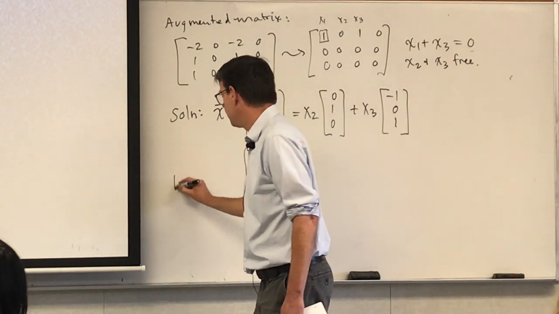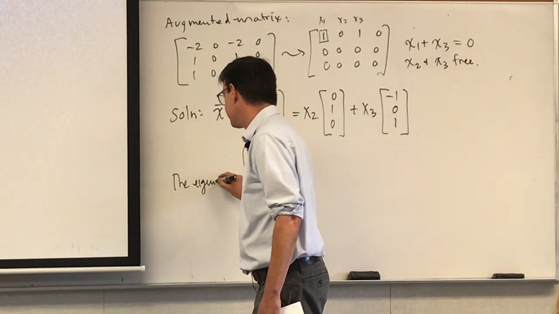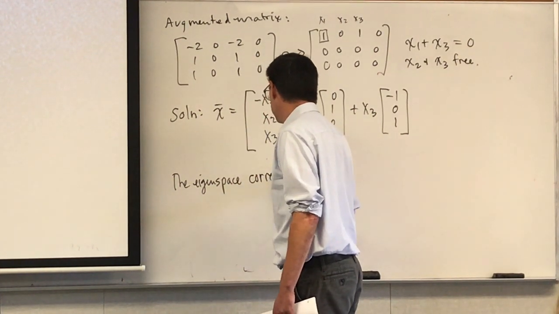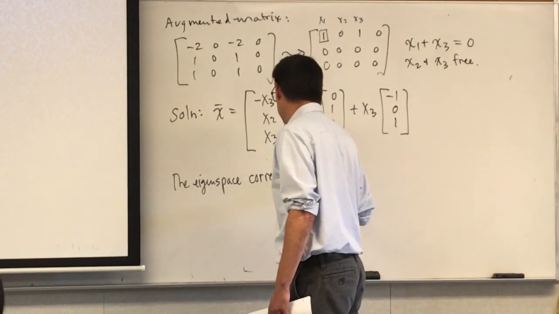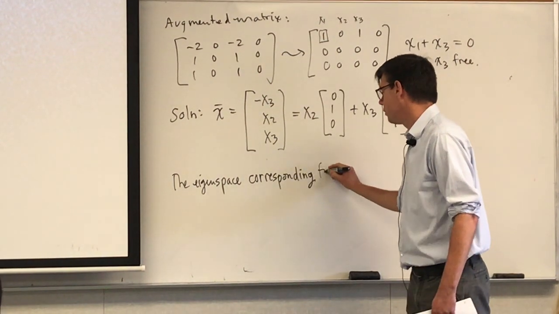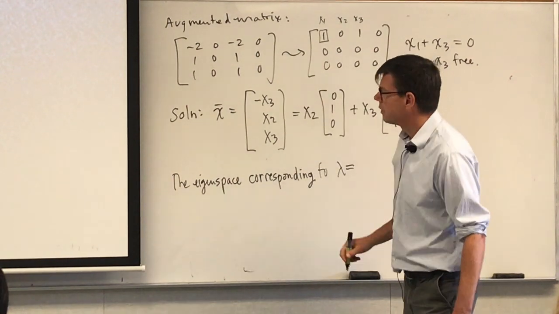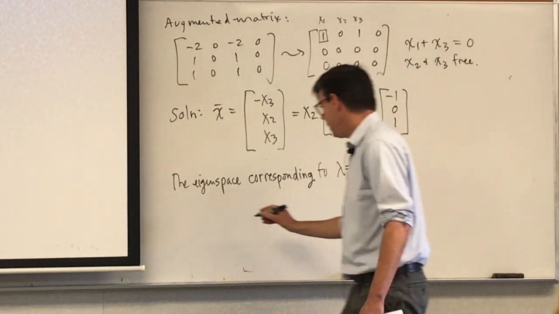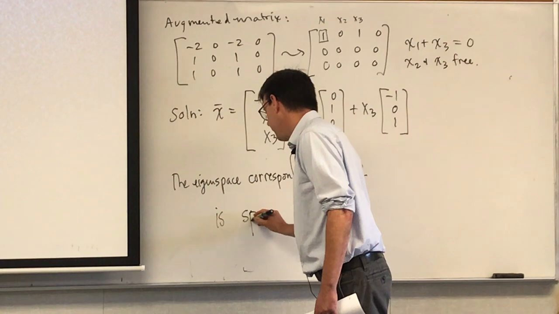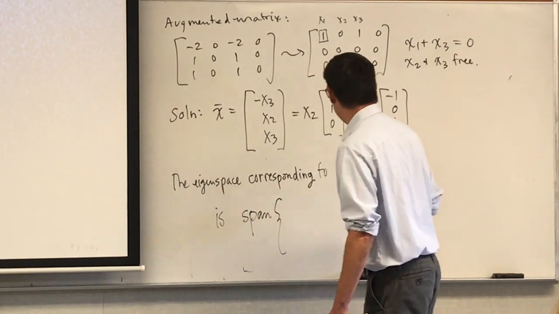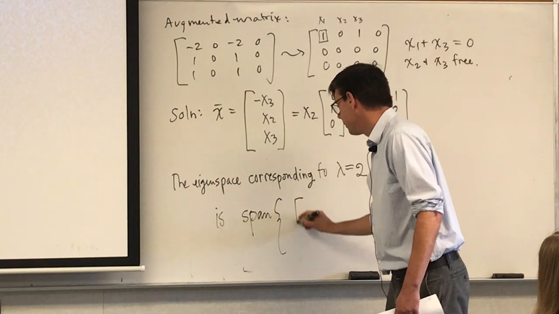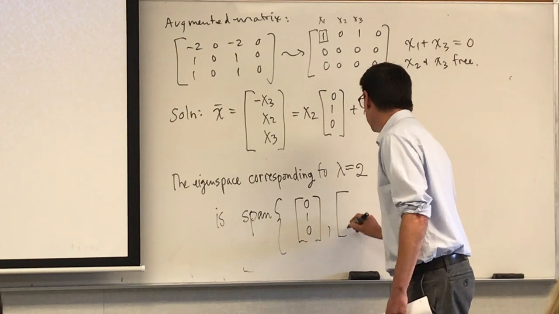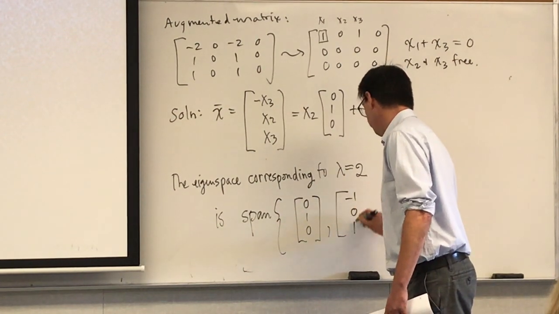And so the eigenspace corresponding to lambda equals 2, that eigenvalue, is the span of these two basis vectors, 0, 1, 0, and negative 1, 0, 1.